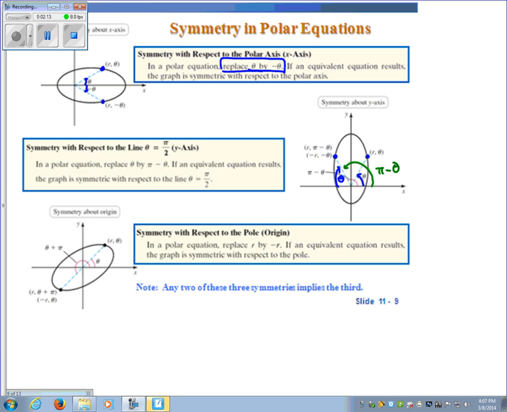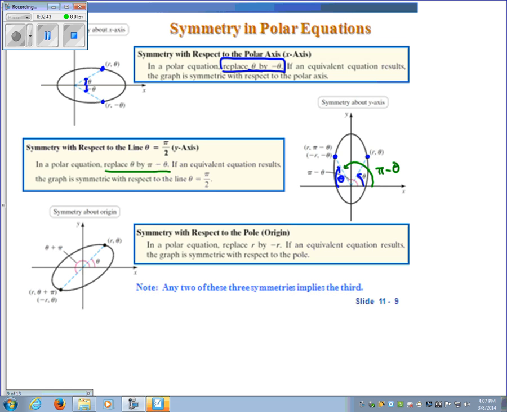So, to tell if it's symmetric about the line theta equals pi over 2, we're going to replace theta with pi minus theta and see if we get the same r value. If it does, then the graph will be symmetric about the line theta equals pi over 2. So replace theta with pi minus theta.